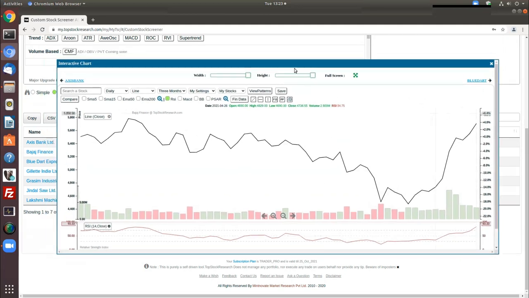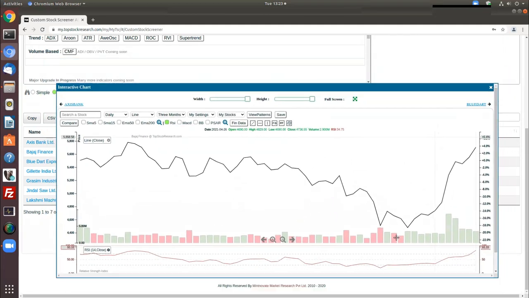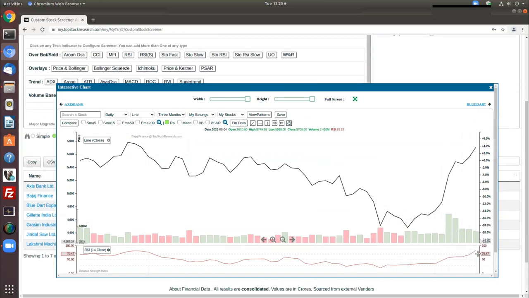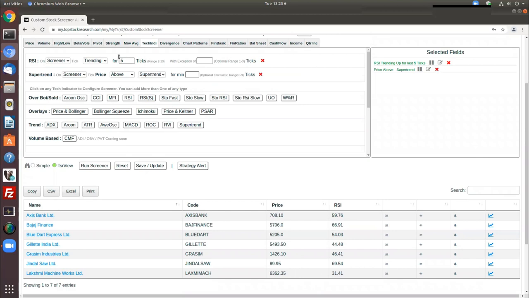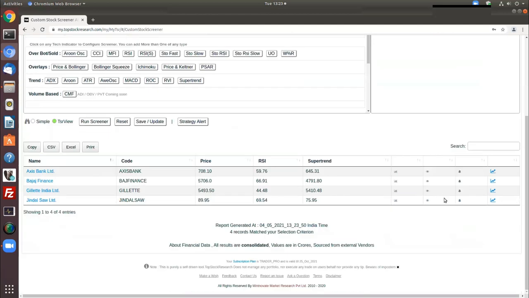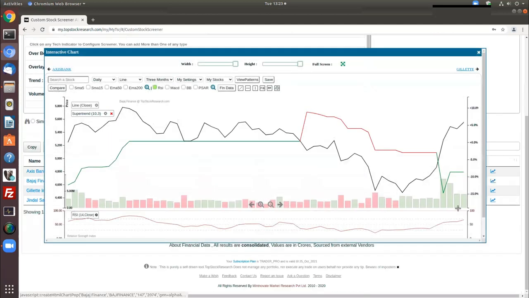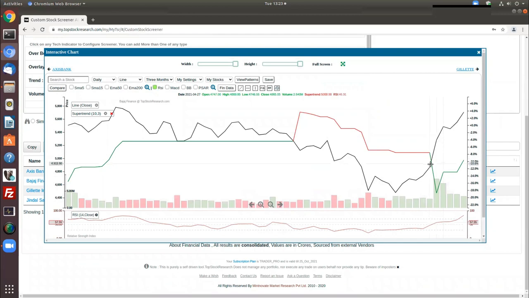Also, one thing which you may have noticed is I don't have to enter RSI in the filter. If RSI is there, RSI is automatically added. Now, let's say we add super trend here and say that price is above super trend for, let's say, minimum 2 periods. Run it. When we go to the charts, we have RSI already selected and the super trend is also selected here.